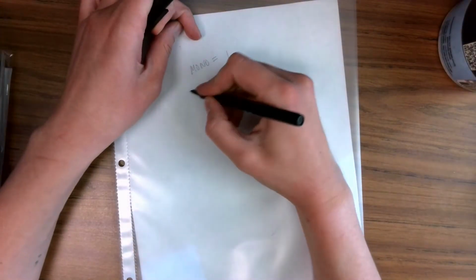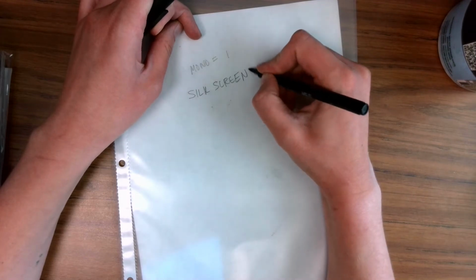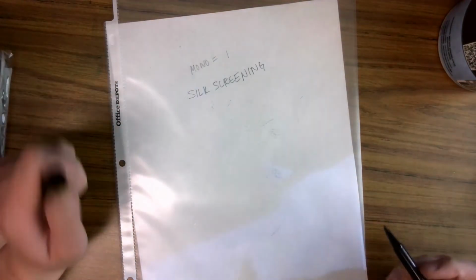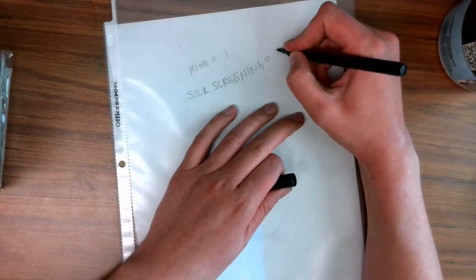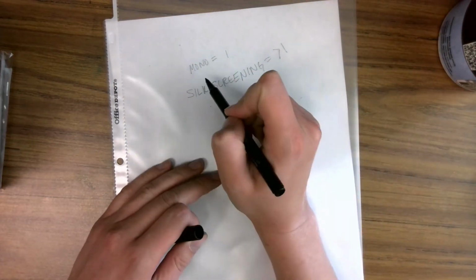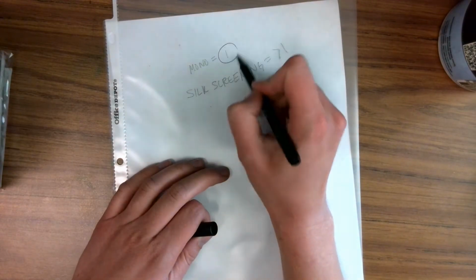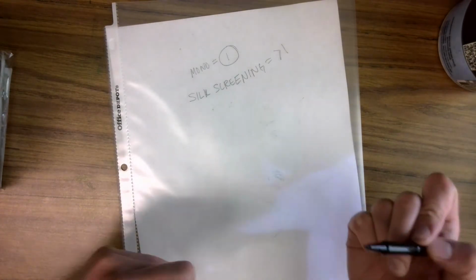Okay, so we heard silk screening was a printmaking process that Andy Warhol was very famous for using, but his silk screenings meant more than one. You could make hundreds and hundreds of these, but with the process we're going to use today, you can only make one. That means you're going to be drawing multiple portraits with this process. So I'm just going to clean that off.